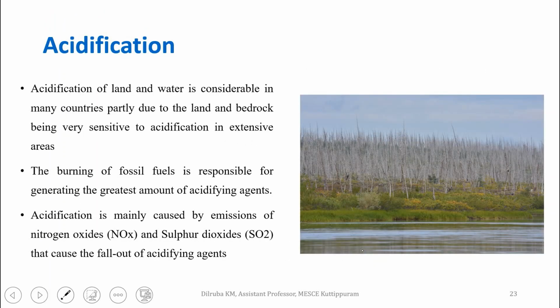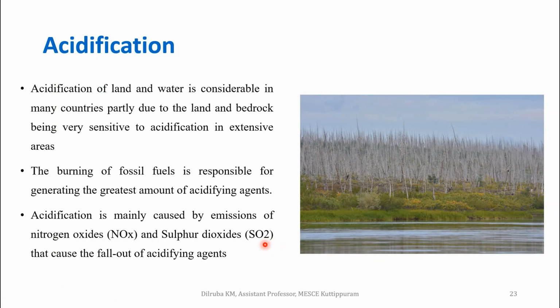Next one is acidification. So, acidification of land and water is considerable in many countries, partly due to land and bedrock being very sensitive to acidification in extensive areas. The burning of fossil fuel is a major reason for generating a great amount of acidifying agents, and it's mainly caused by emission of nitrogen oxides and sulfur dioxide that cause the fallout of acidifying agents.